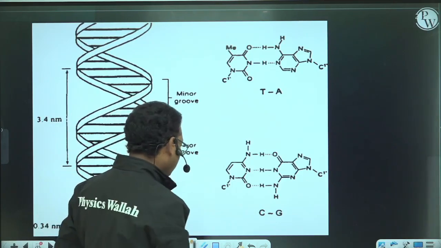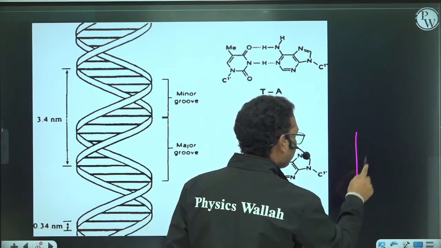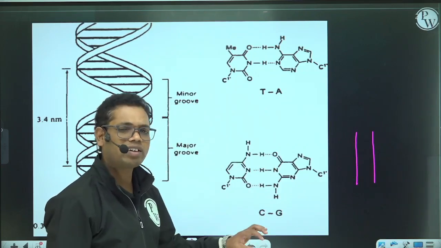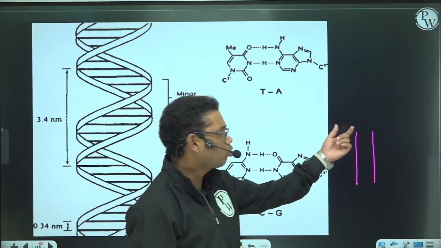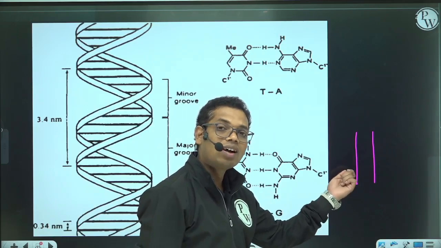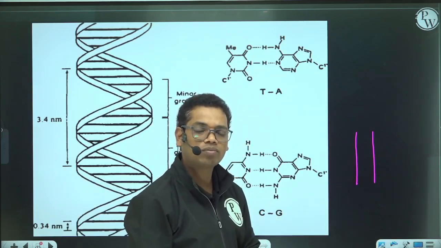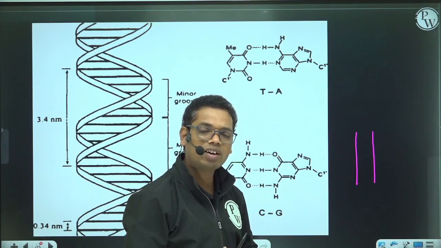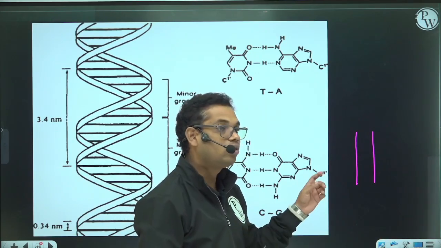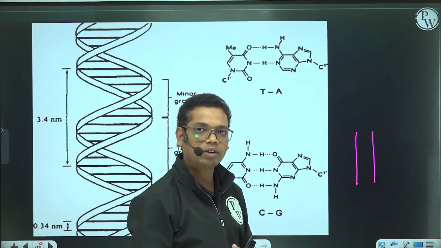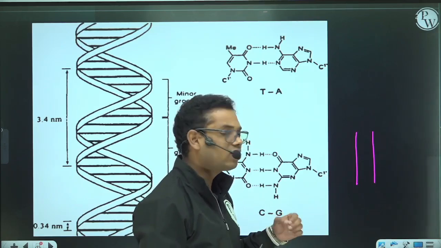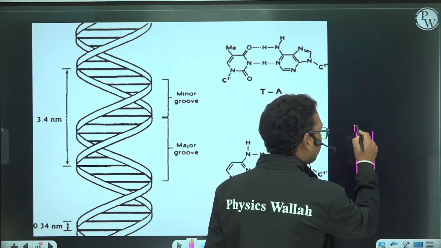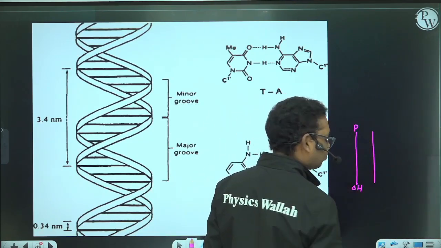Suppose these are 2 strands, and these 2 strands are anti-parallel to each other, and that is why the DNA is anti-parallel. What do you understand by this? It means the 2 strands have opposite polarity. In this strand, at this end phosphate will be present, at this end OH will be present.